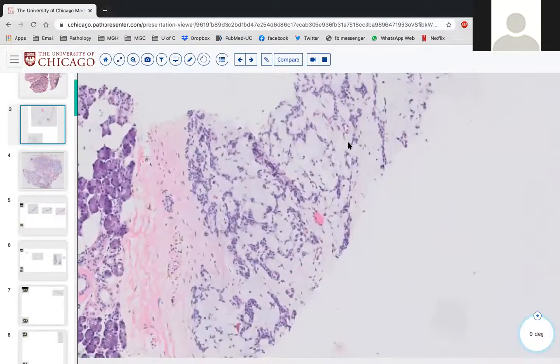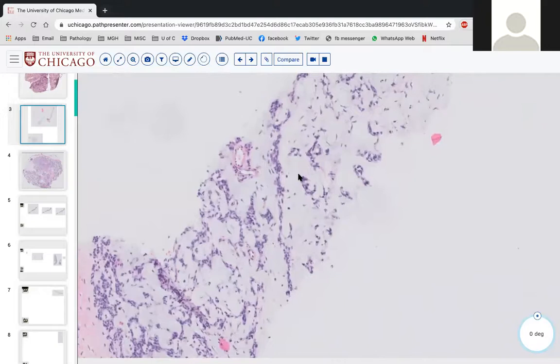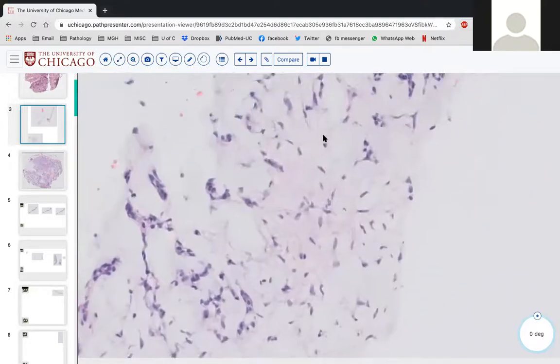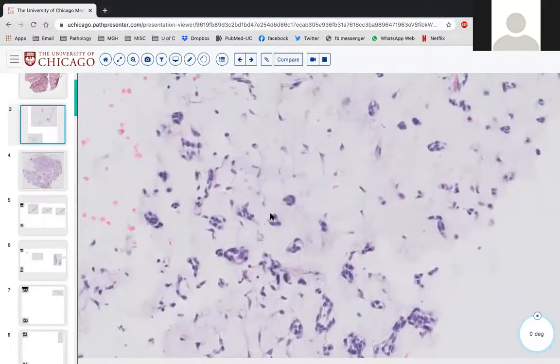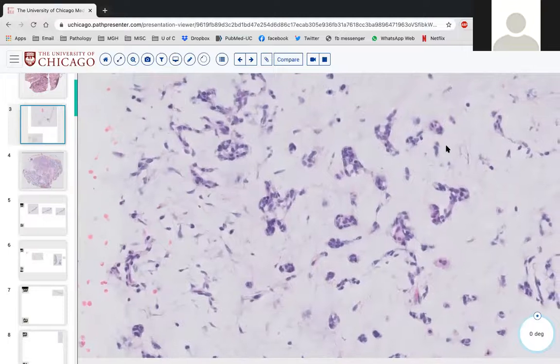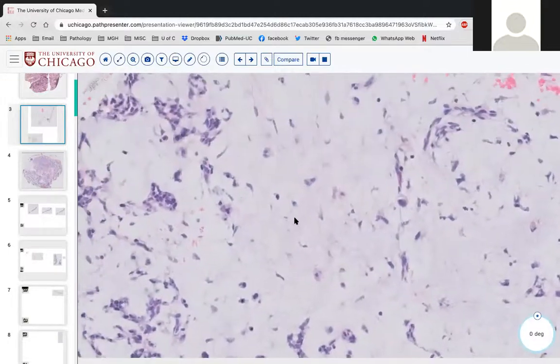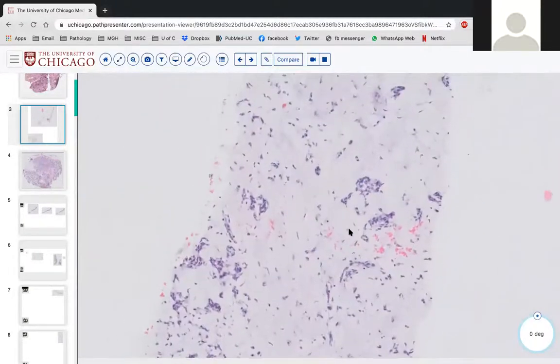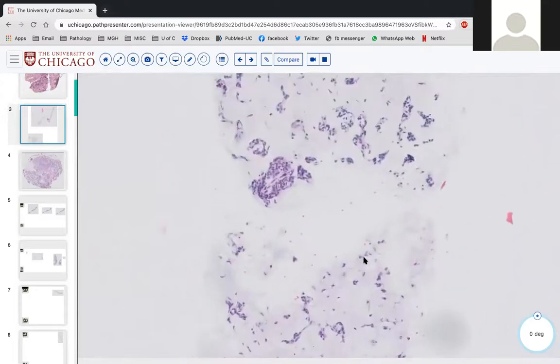There's actually kind of a sparse amount of cells and a lot of myxoid area, possibly mucinous, but at least in this field, it looks very similar to the slide itself, very clear.